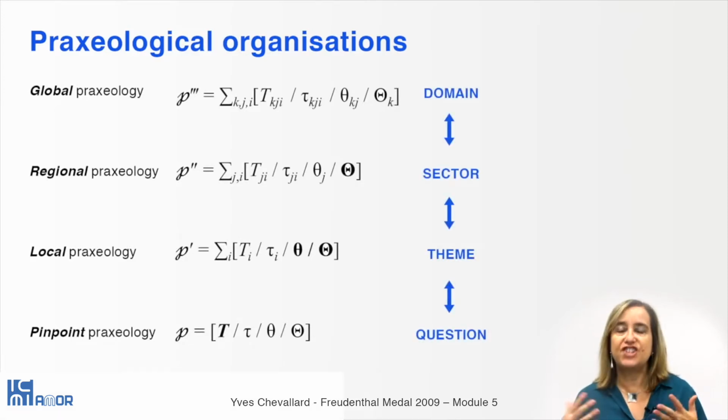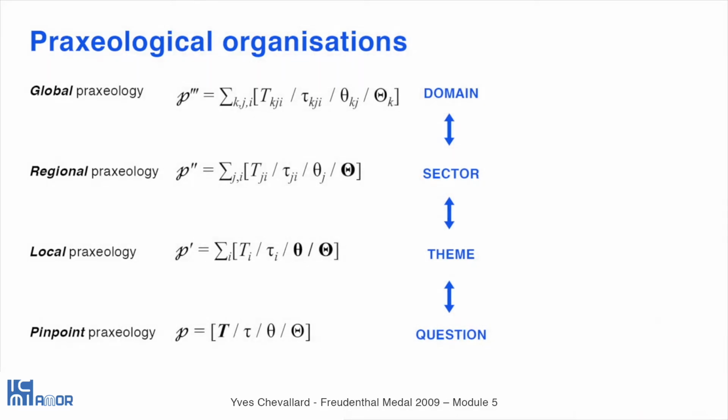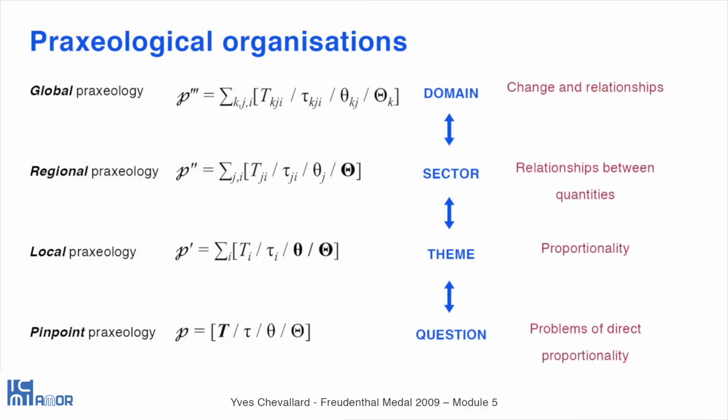Even if the notion is general and can be used for any domain of human activity, the way praxeologies are structured can be related to what will become the lower or specific levels of the scale. A ping-pong praxeology that we saw in the previous module can be associated to a question or a type of task. The example we used were the problems of direct proportionality.